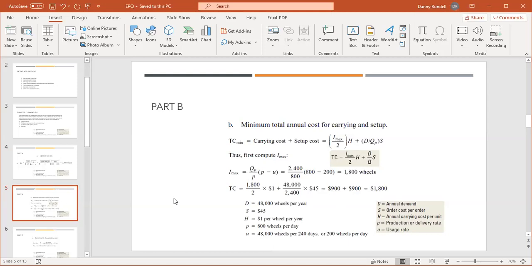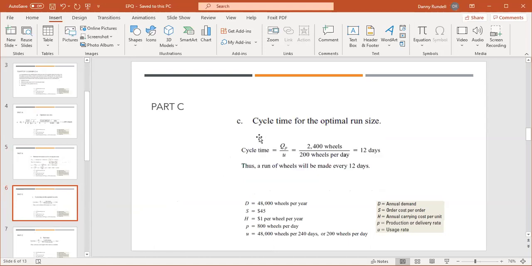This stuff is in your book, so when I give a chapter and an example, you can find those in the book, and we'll also cover a sample test question. So cycle time is a lot more simple than some of the other equations. It's just the quantity of production, which is that first equation we solved and one you're used to seeing. You have to find that number first, and you divide by the usage rate.